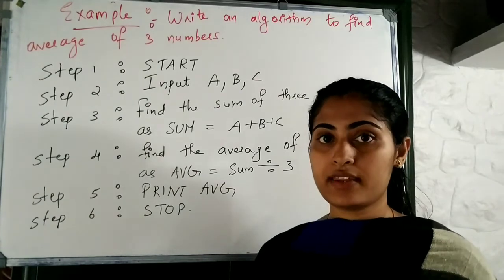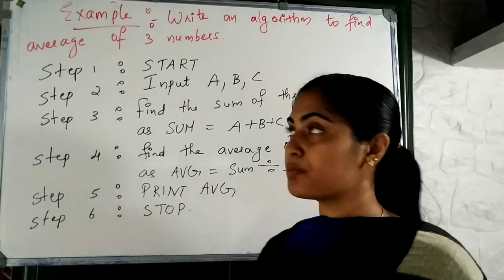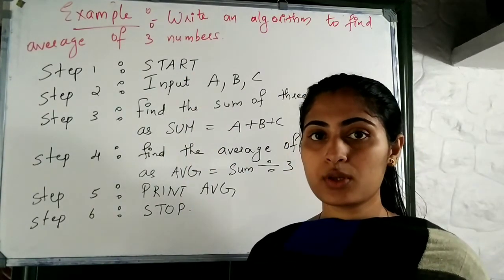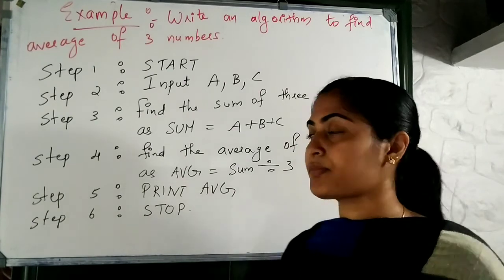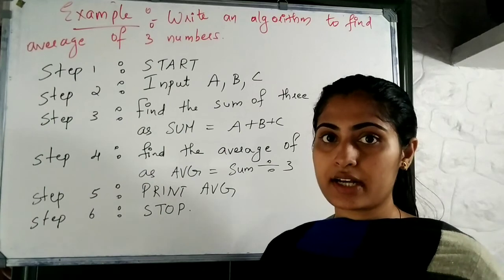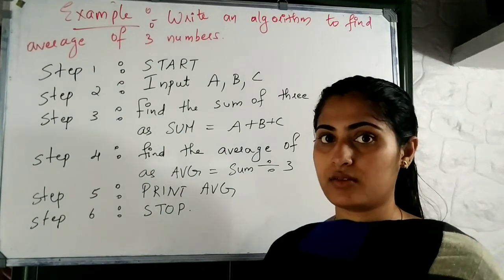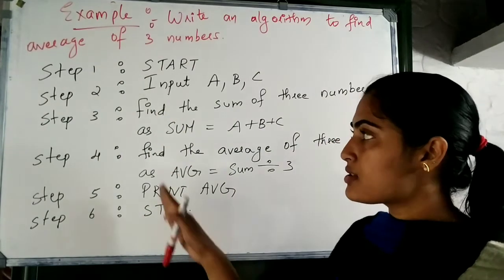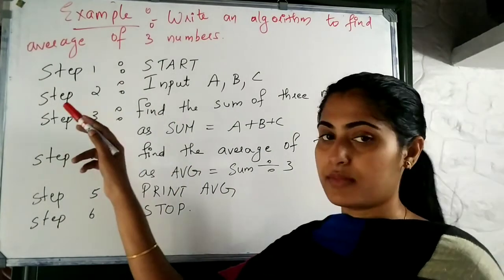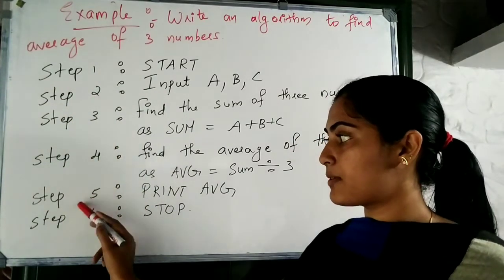We have studied that an algorithm should always start with the word start. Step number 1 is start. And each step inside an algorithm should be written in a separate line. See here, all steps are written in separate lines and each step is numbered: step 1, step 2, step 3, step 4, step 5, step 6.